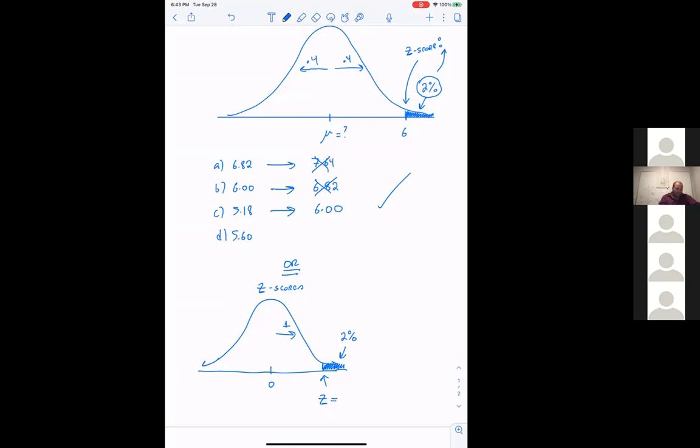So what does the calculator give us for a 2% to the right, mean 0, sigma 1 problem? What's my z-score? How do I calculate that? It's the same thing we did above. How do I calculate the point with 2% to the right when the mean is 0 and sigma is 1?